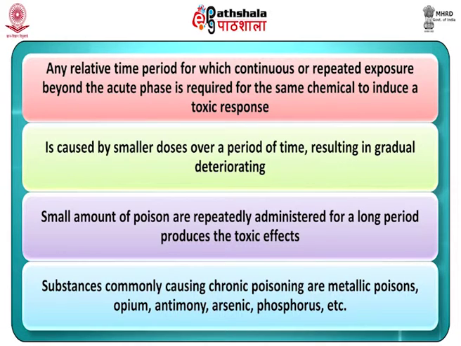Small amounts of poison repeatedly administered for a long period produce the toxic effects. The substances commonly causing chronic poisoning are metallic poisons, opium, antimony, arsenic, phosphorus, etc.